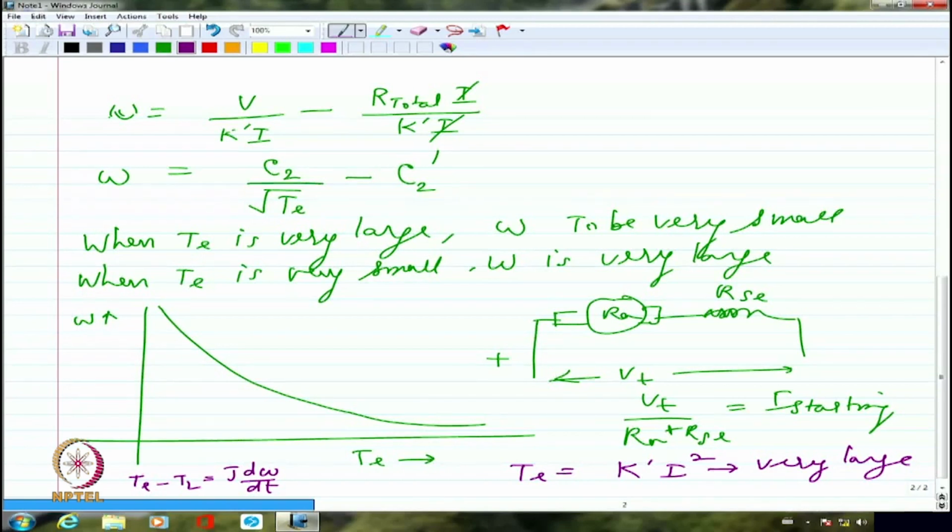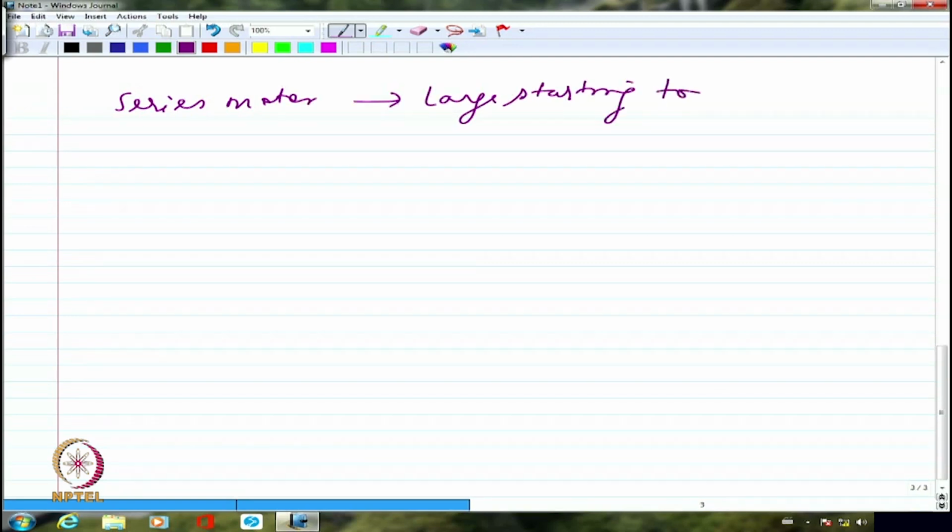But all the same, because the series motor inherently has a large starting torque, it is very, very suitable for those applications which require a very large starting torque right in the beginning.